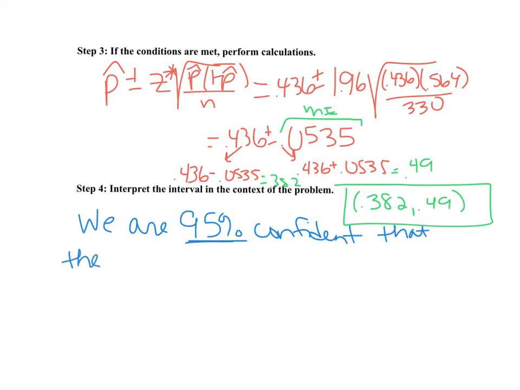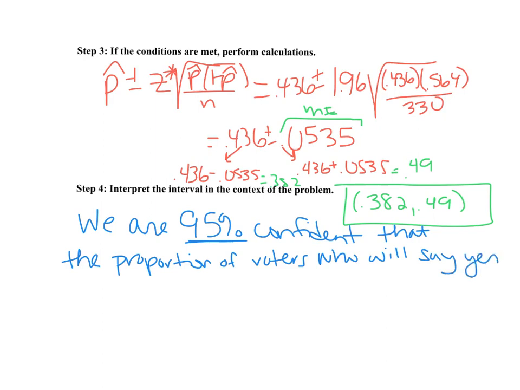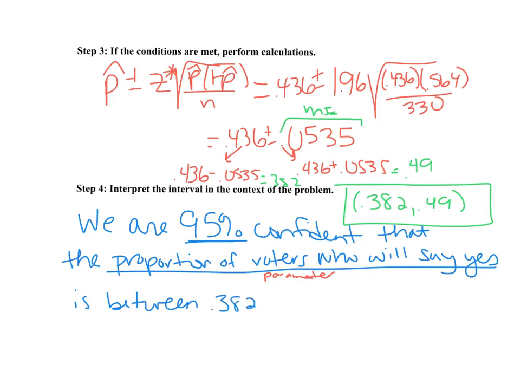And then the next thing is going to be the parameter, the proportion of voters who will say yes. So this right here is going to be whatever the parameter is that you defined earlier on. And then you're going to say is between, and then it's going to be whatever you had in your confidence interval, 0.382 and 0.49.